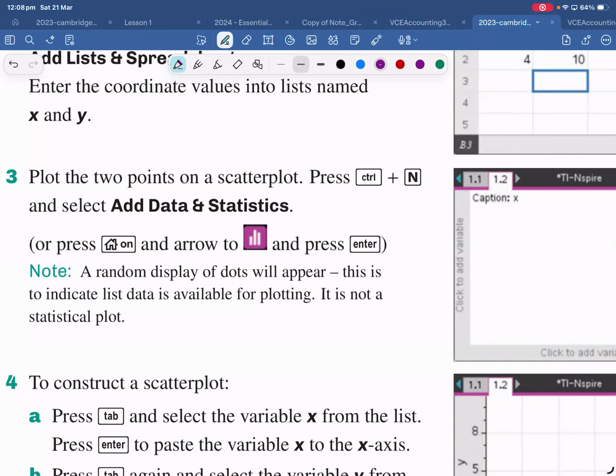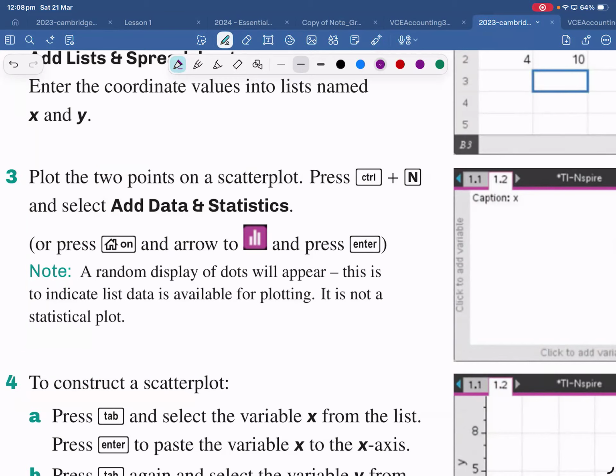Then having entered the data for X, 2, and so on. After that, go to the home button.